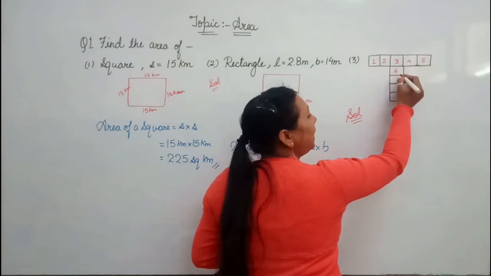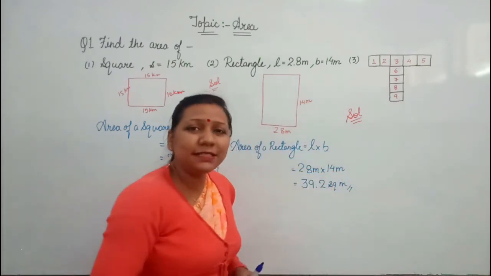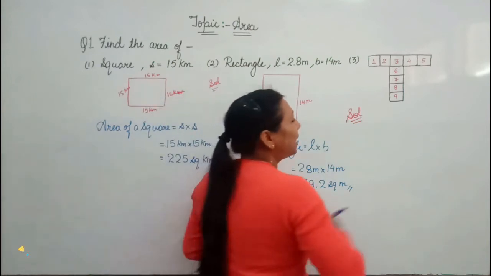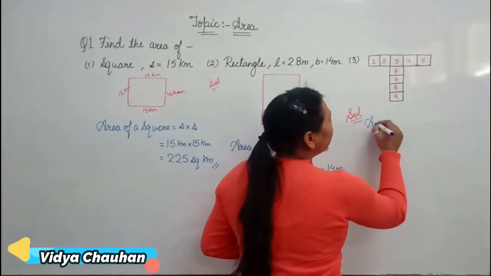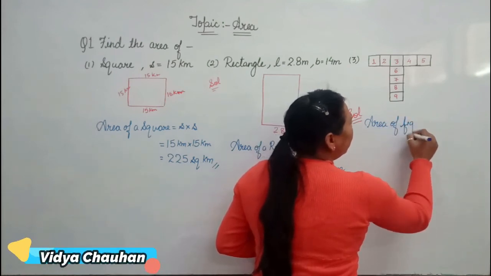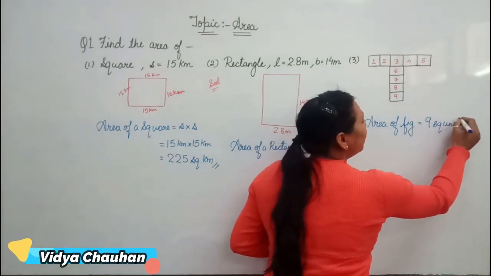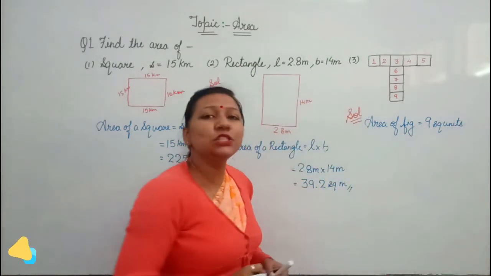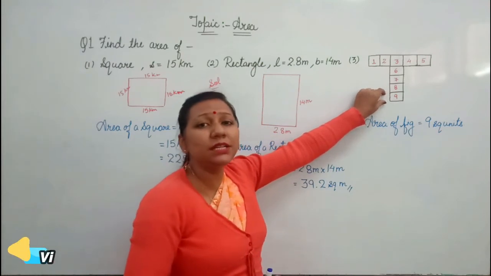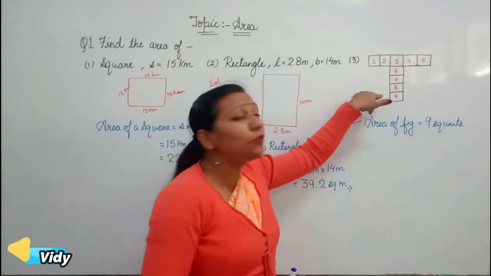After that 6, 7, 8 and 9. Since there are 9 square cubes in this figure, we can write that area of the figure is 9 square units. You will write units, 9 square units, because there is no dimension given to us for these cubes. So the area is 9 square units by counting the number of cubes.